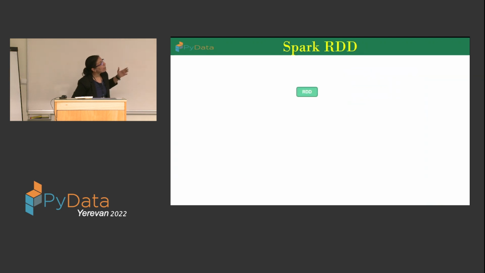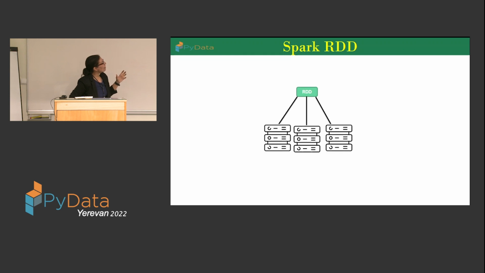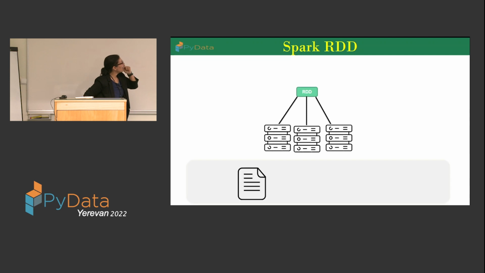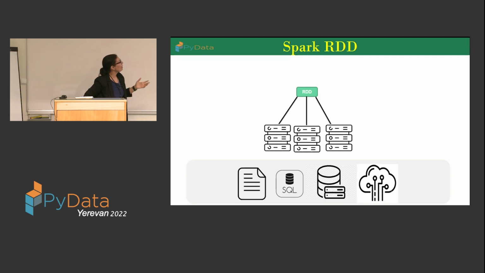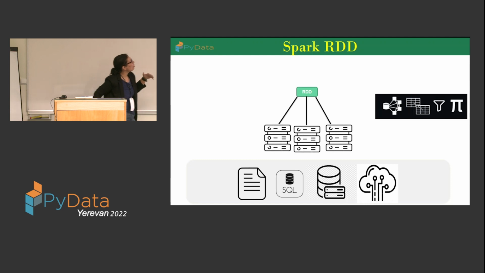Okay, so Spark is based on RDDs. RDDs are just a sort of data structure that Spark works on. They are spread over the clusters. RDDs can be made from a text file, from SQL databases, from NoSQL databases, from HDFS, and all MapReduce functions can be performed on them.